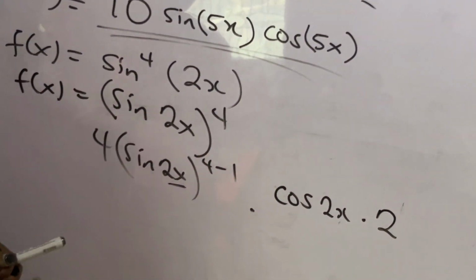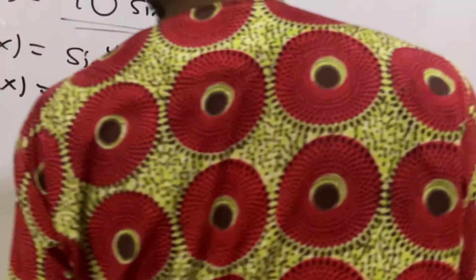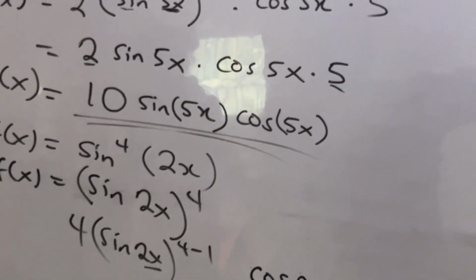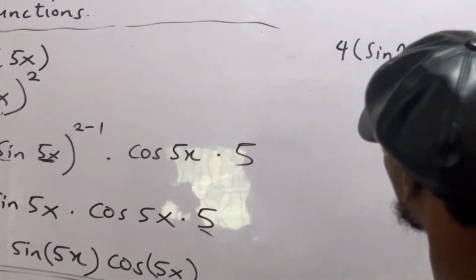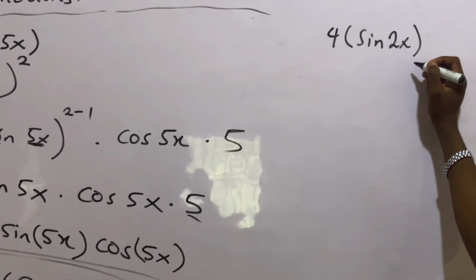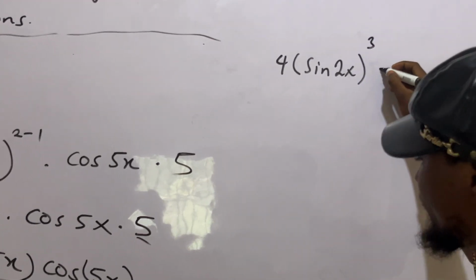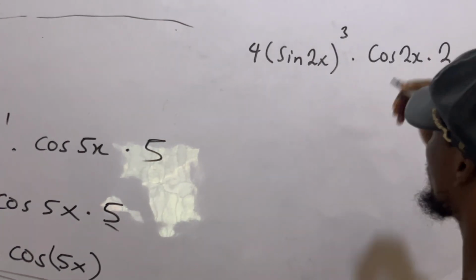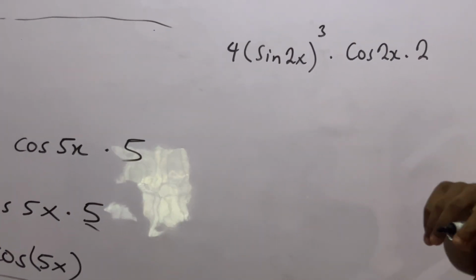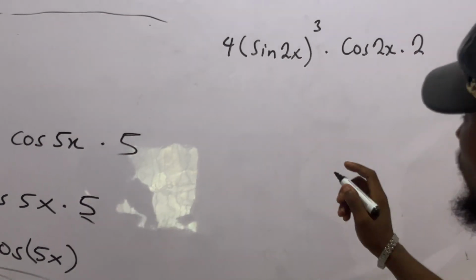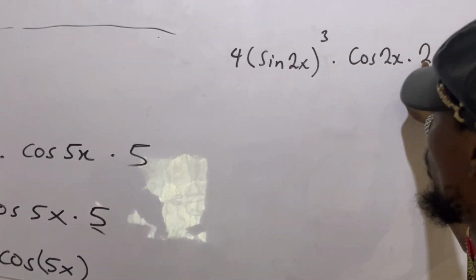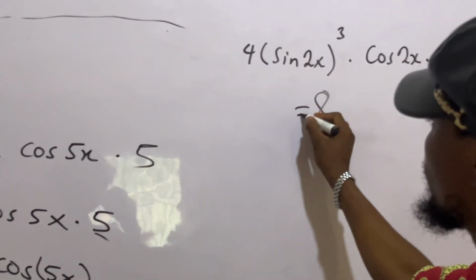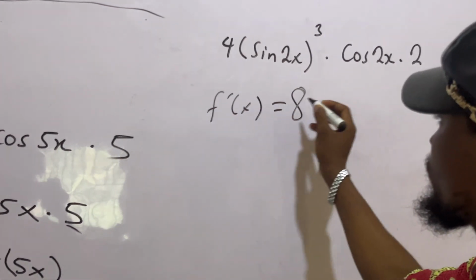So therefore, we have 4 times sine 2x to the power 4 minus 1, which is 3, then times cos 2x, then times 2. Good. So viewers, 2 times 4 goes to 8. So I have 8.